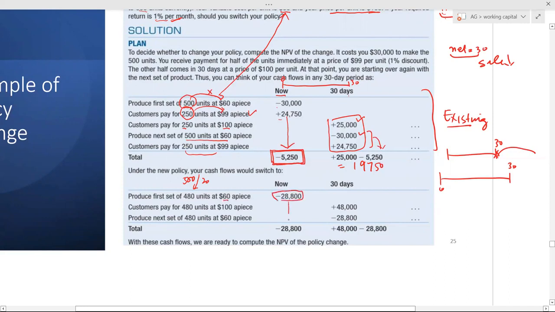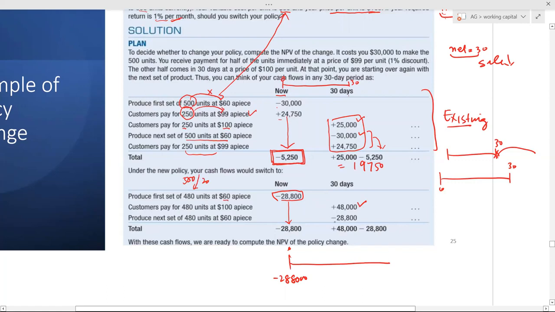At time zero, this is your net flow: negative 480 times 60. Customers pay for the 480 at 100 a piece after 30 days. So this is your total revenue after 30 days.